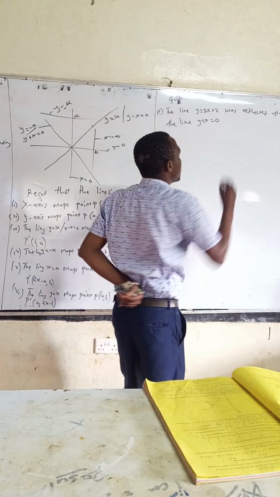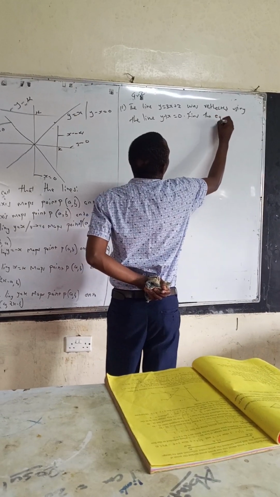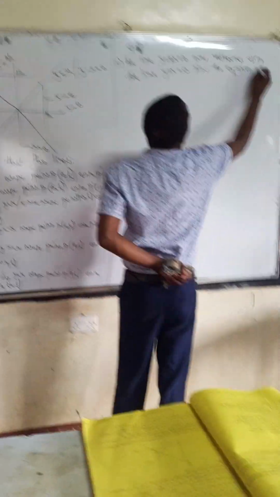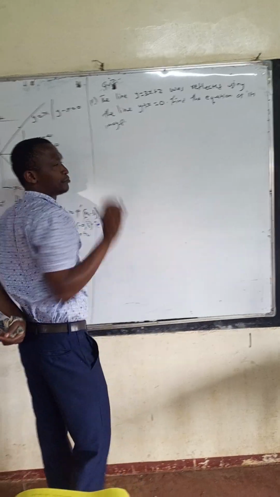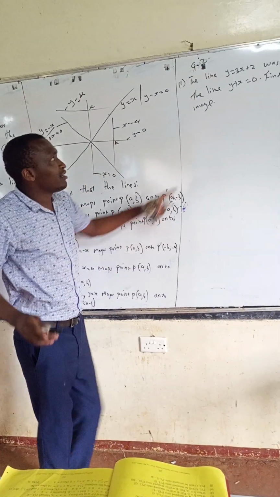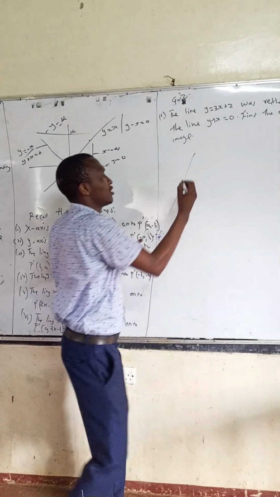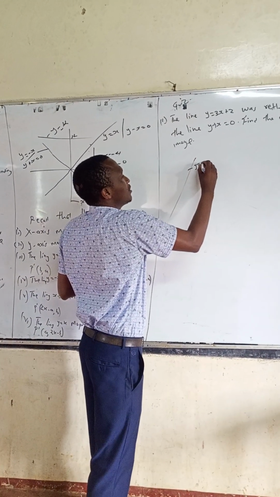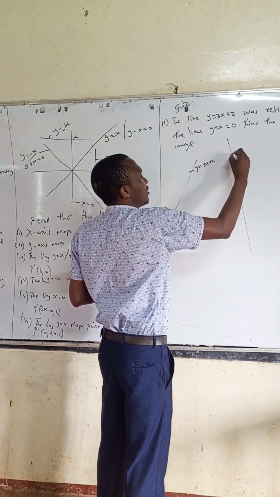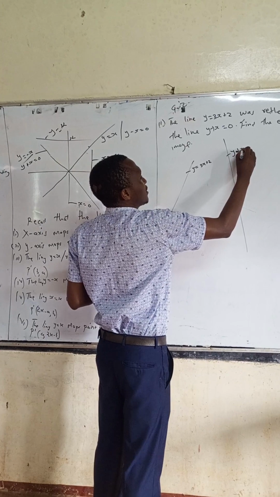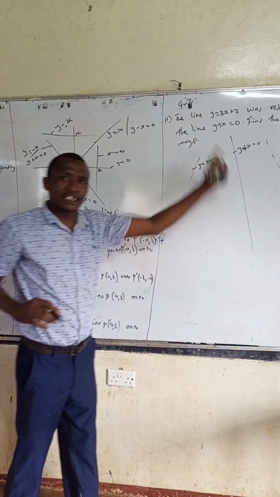Find the equation of its image. Now, you are reflecting the line y is equal to 3x plus 2 using the line y plus x equals 0, and you want to know the equation of that image.